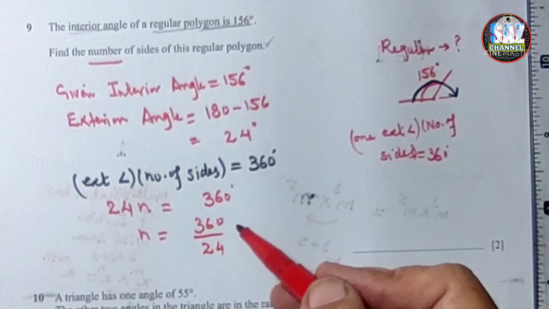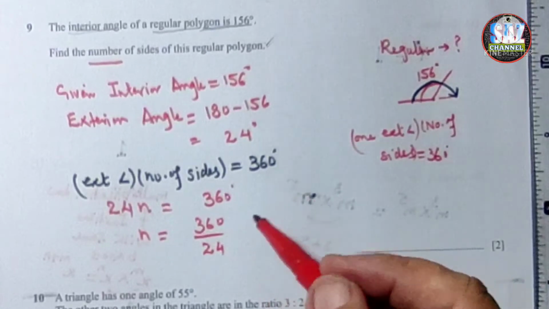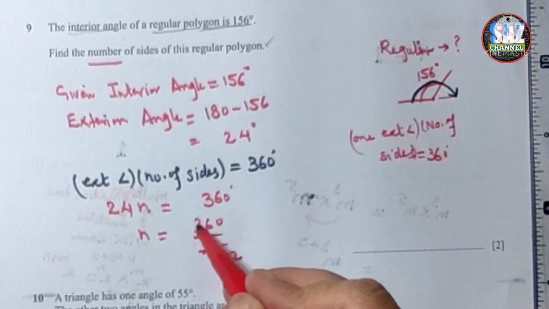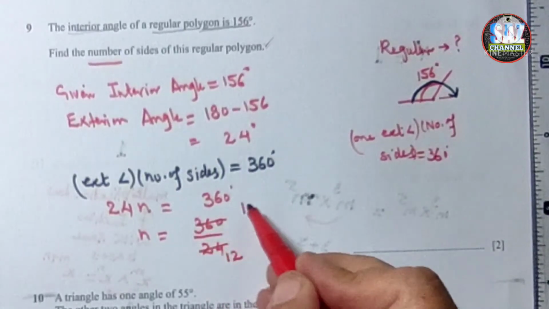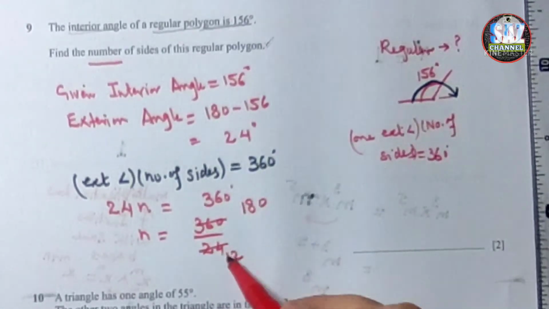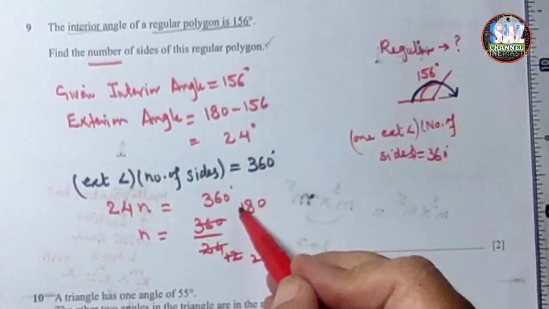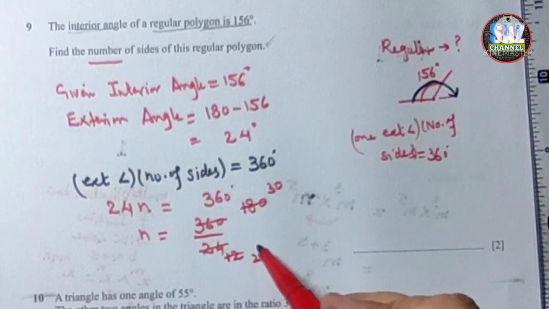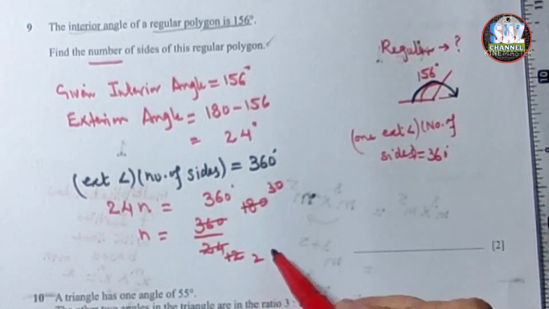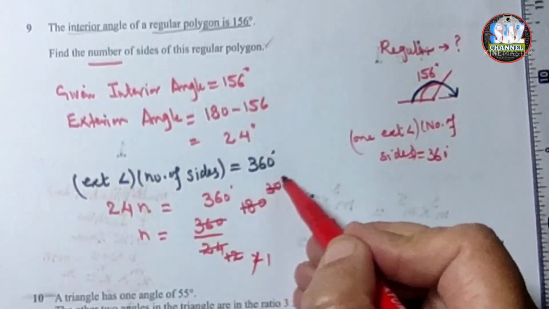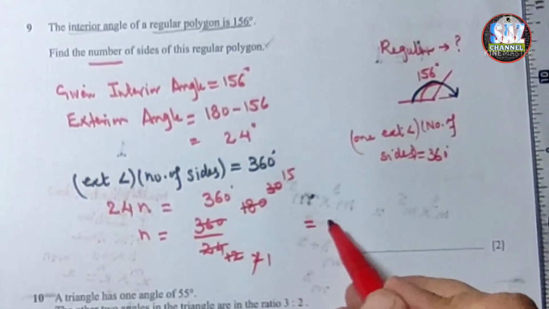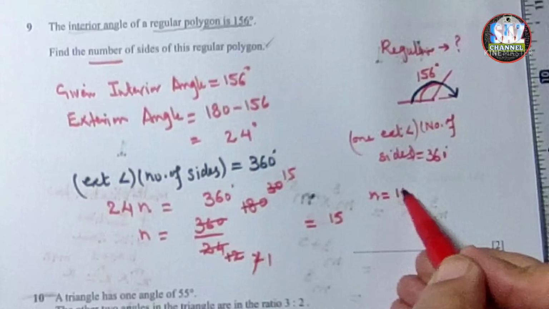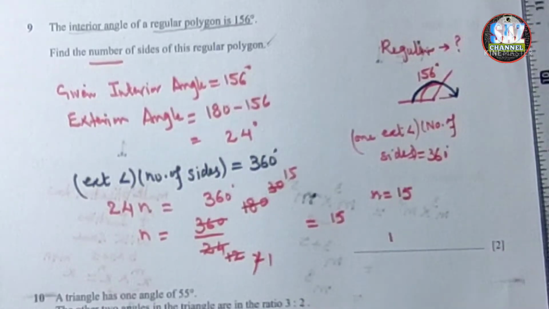Now 12 2s are 24, and 12 3s are 36. 2 times 18 is 36, and 0s are 6 2s are 12, and 6 3s are 18. How many times does 24 go into 360? That is 15. 2 1s are 2, and 2 5s are 10, which is equal to 15. So n, or the number of sides, equals 15.